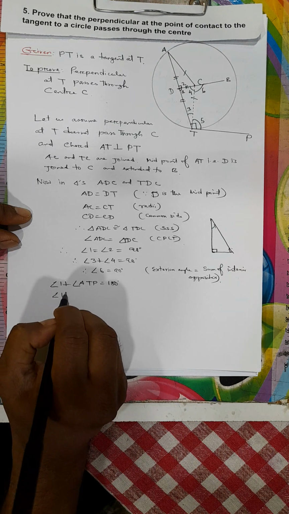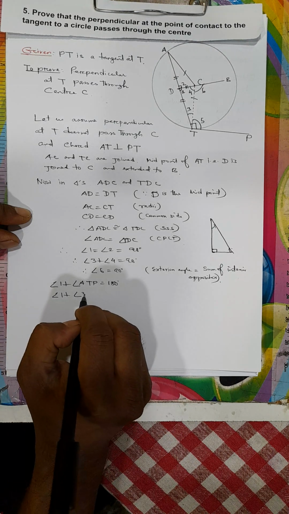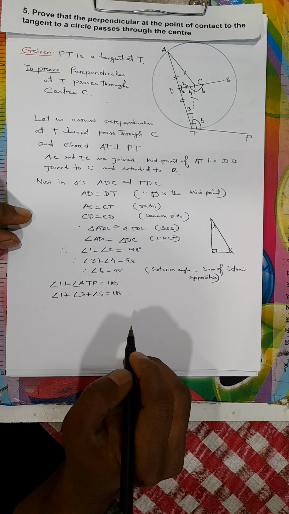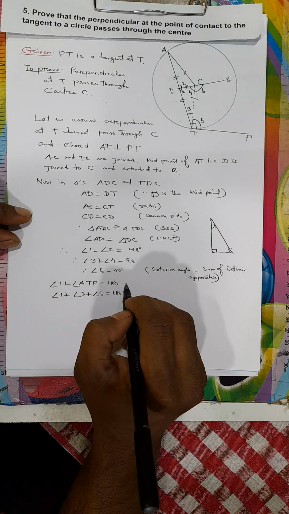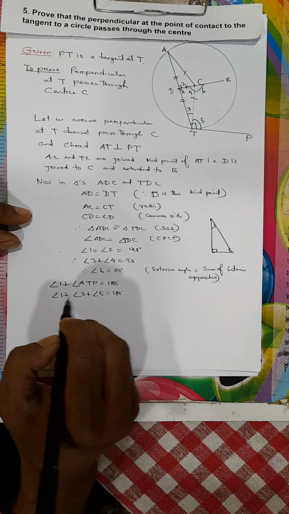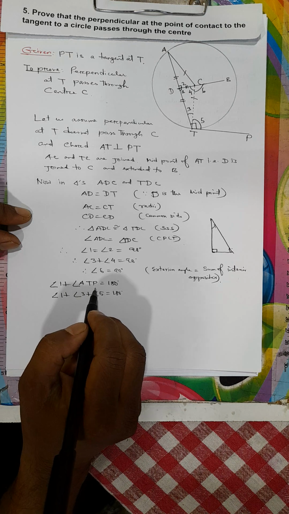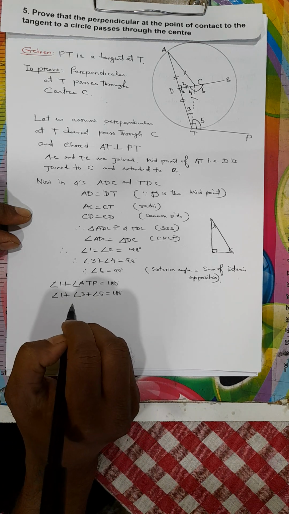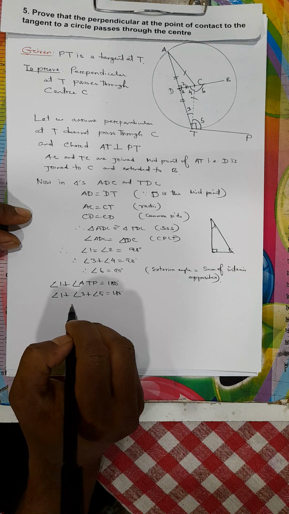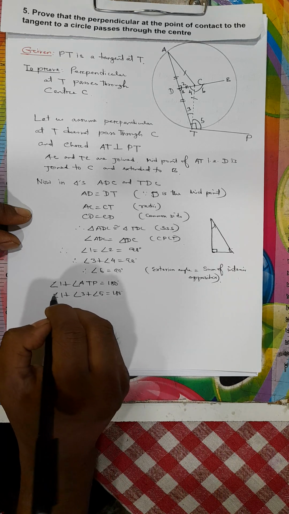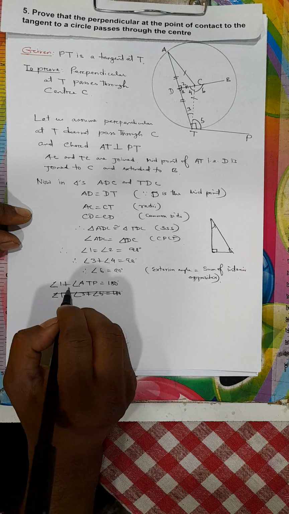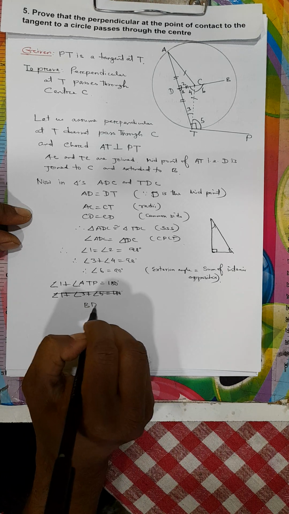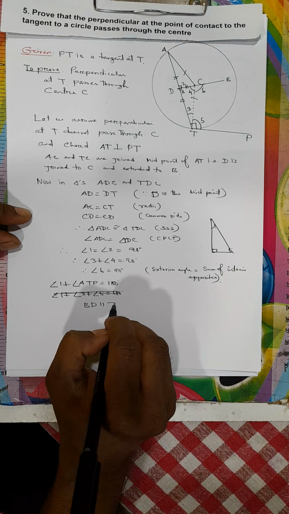Angle 1 plus ATP means angle 3 plus angle 5, 180 degrees. Right? Now if angle 1 plus ATP is 180 degrees, this means that BD is parallel to PT. You don't need to write this line. Angle 1 plus ATP 180 degrees means BD is parallel to TP.